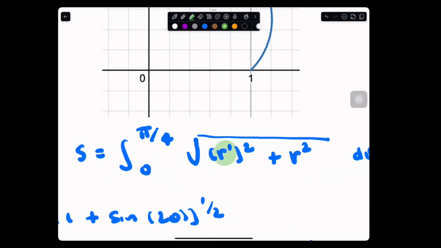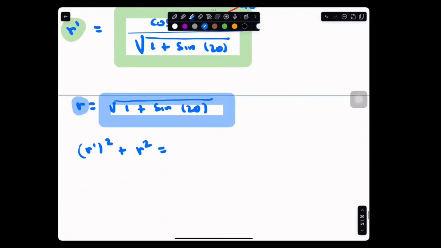So don't forget, this is where we're at.